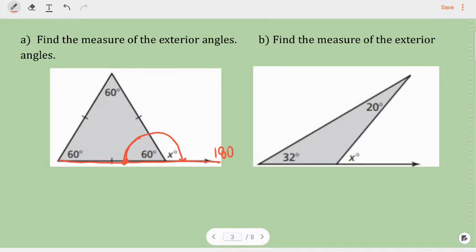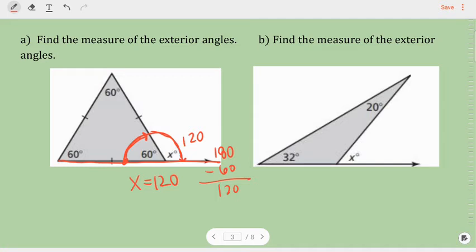If I go part of the way and that's 60, I can find this remaining amount, angle X, by taking 180 and subtracting what I started with. So 180 minus 60 is 120. So this exterior angle, angle X, equals 120.